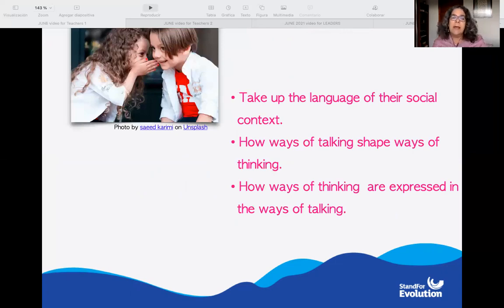Children take up the language of the social context, and you might find some examples in your country regarding how children get the way of talking of their community.